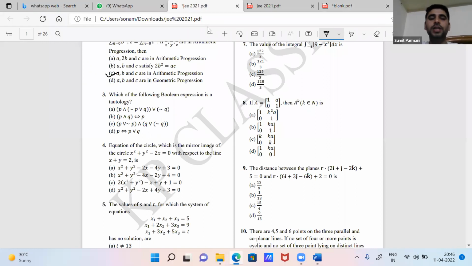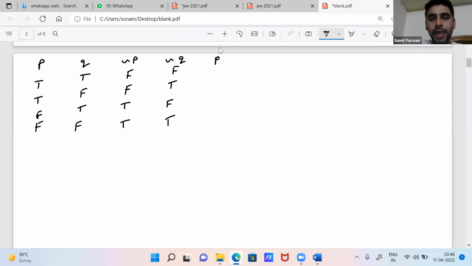Now we are going to satisfy these options. So we have to find P and Q. P and Q will be T, F, F, F for the and operator. If both are true, then the result will be true. Otherwise, it will be false.